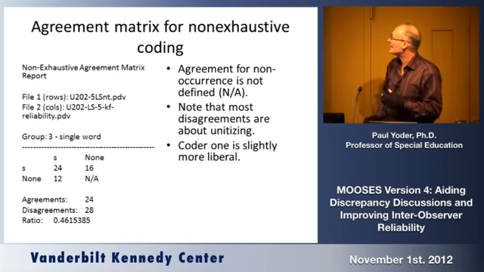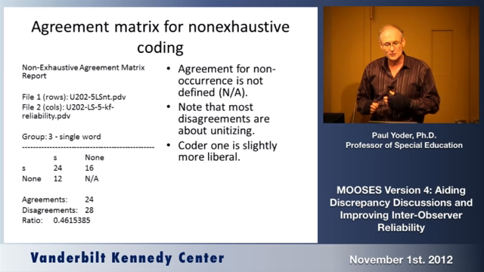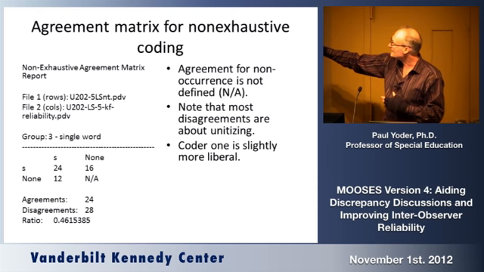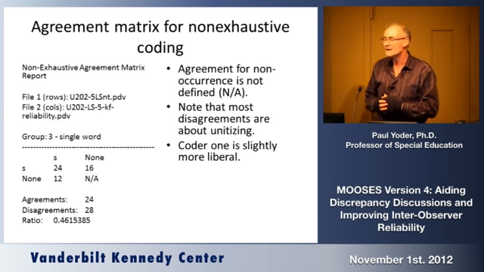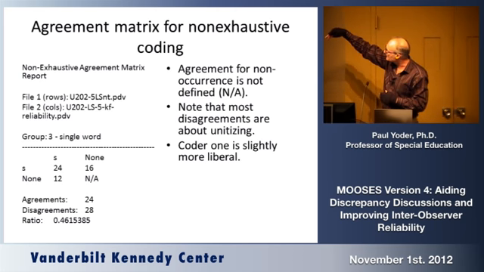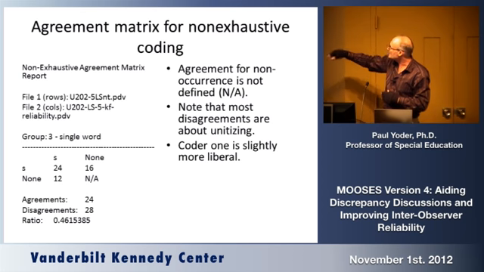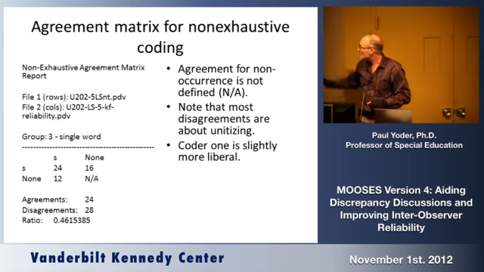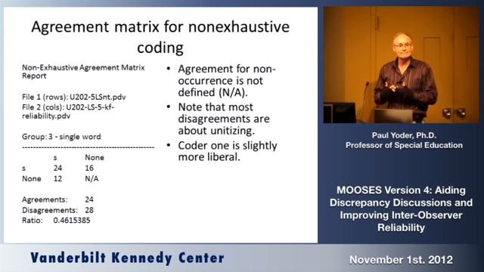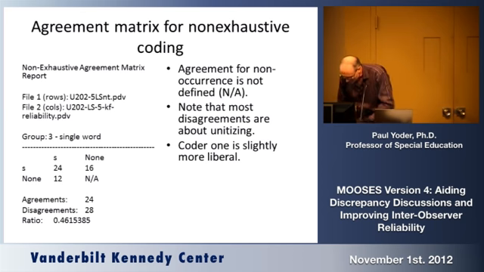So here, this is an example on the left of an agreement matrix. It's a non-exhaustive coding. So if you look at the none for S, single word, you can see that the row, for example, is the file 1, the columns are file 2, and so you can see that there are an NA, non-applicable.